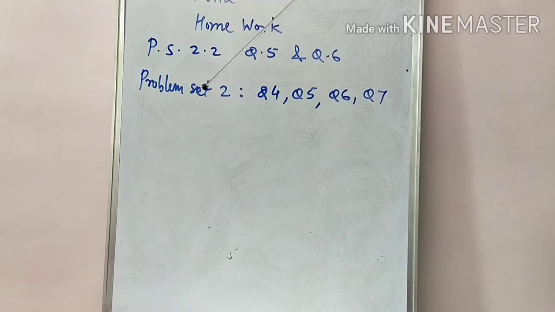And in problem set 2, the first question is to select the correct alternative. Solve those questions or examples in the textbook, and questions number 4, 5, 6, 7, these 4 examples and these 2 examples. So solve these as your homework in your homework notebook.